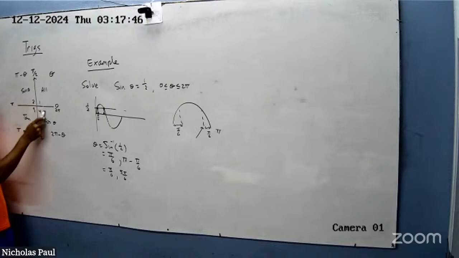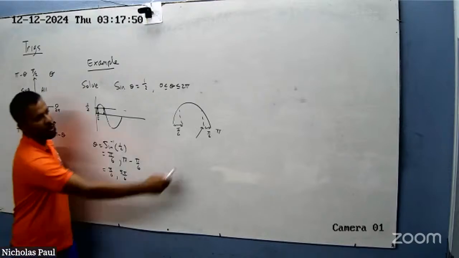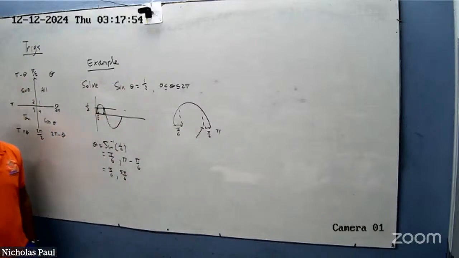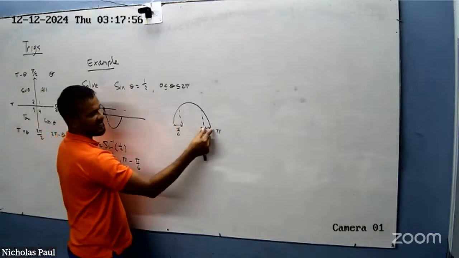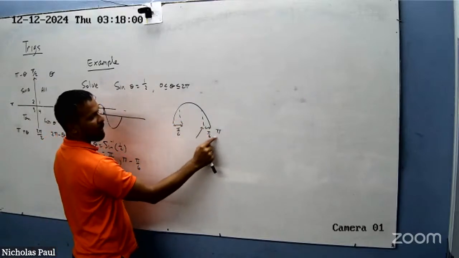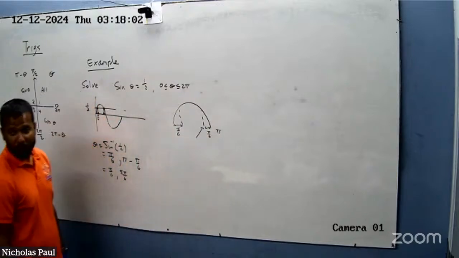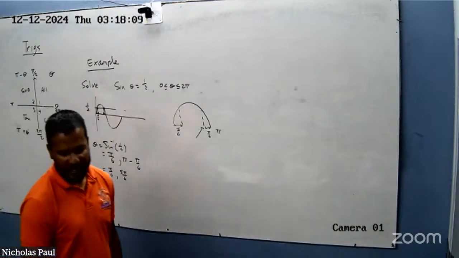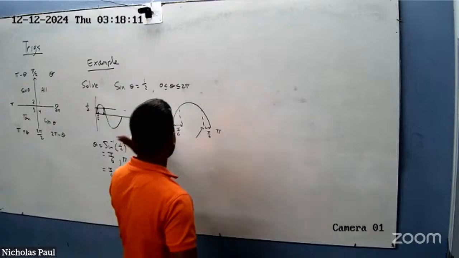So I'm trying to show you where this formula came from, where this pi minus theta came from. This distance and this distance are the same. So in order to get this value here, just minus pi on 6 from pi. That's technically where it came from. So graphically, I like to show you where these things came from.